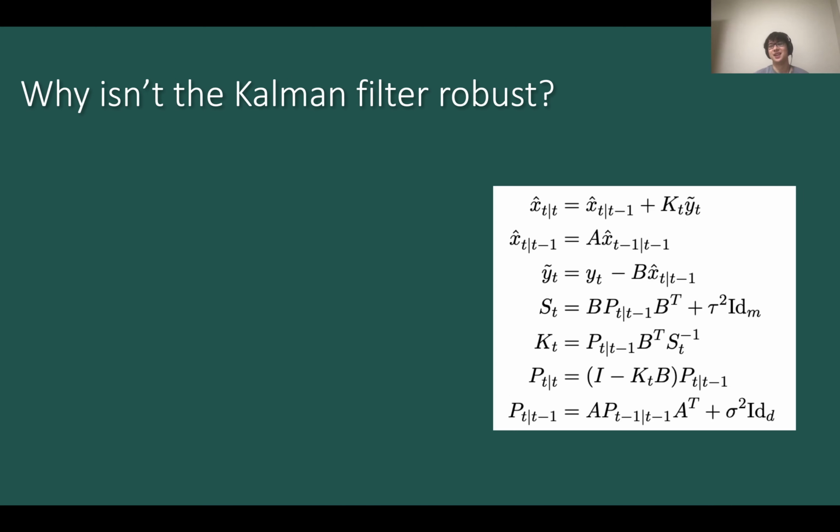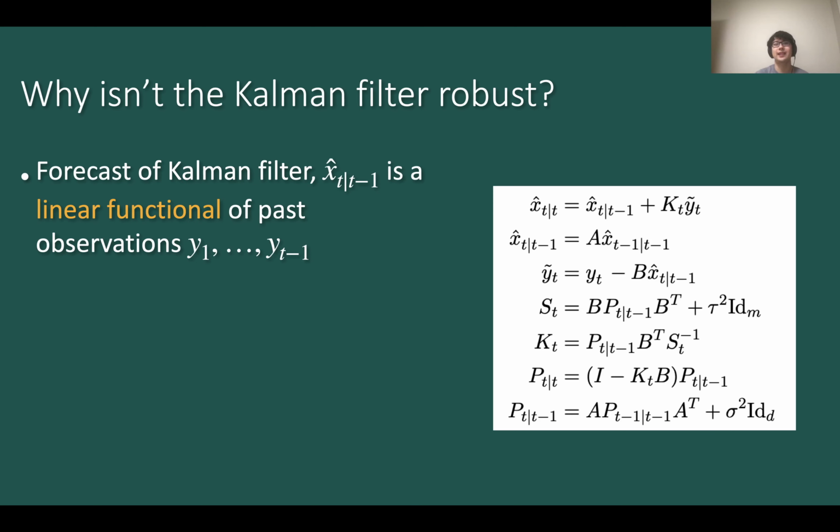First, we should understand why the Kalman filter is not so robust to outliers. On the right, I wrote down the Kalman filter equations. They might look very complicated, but they're actually conceptually pretty simple once you go through all the notation.